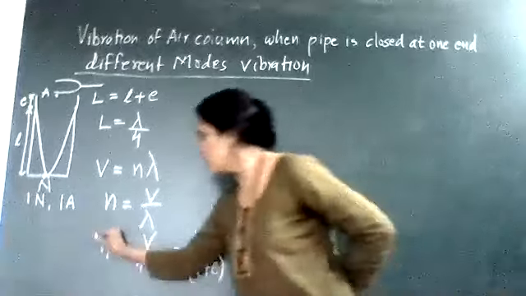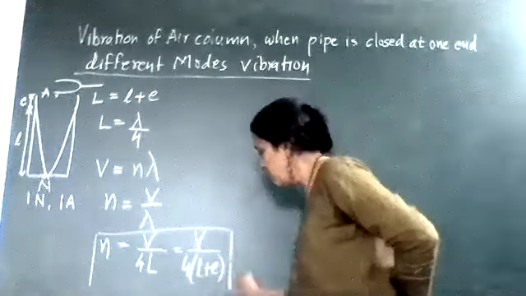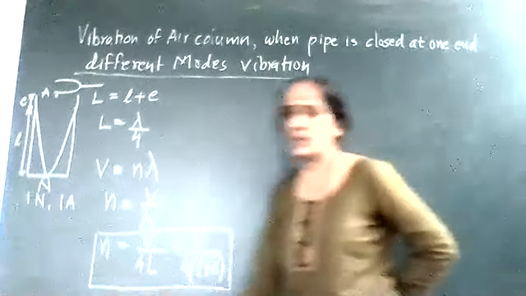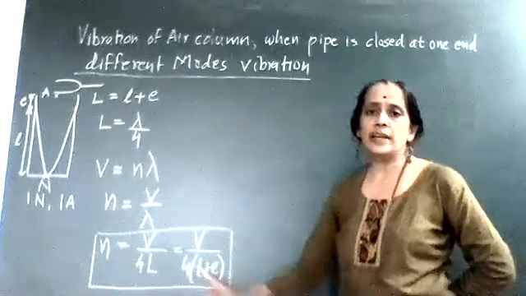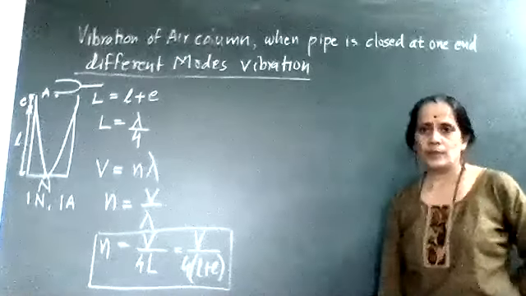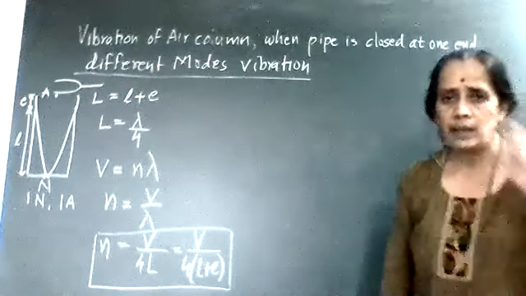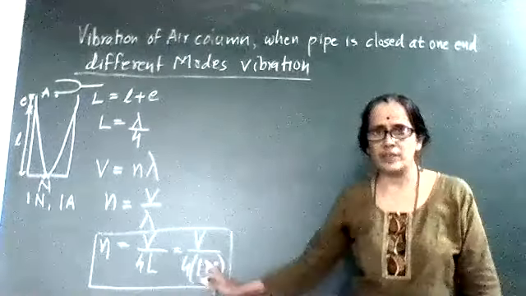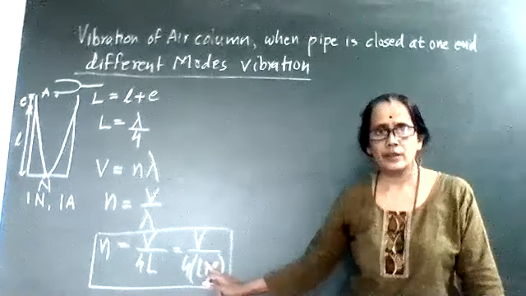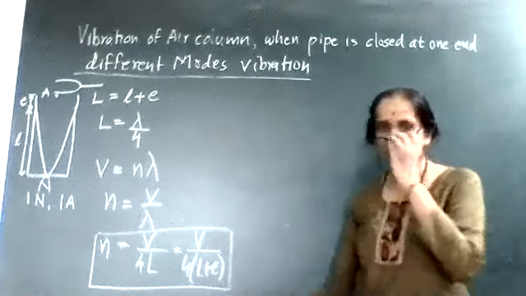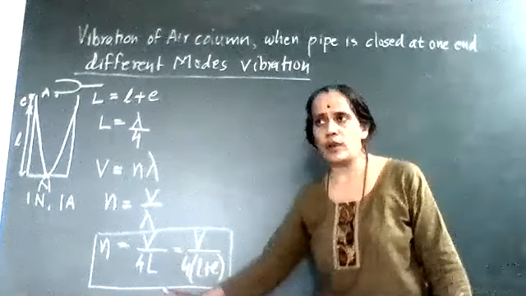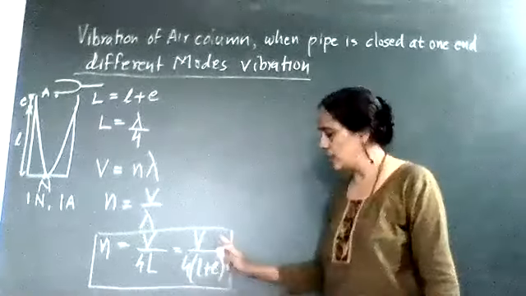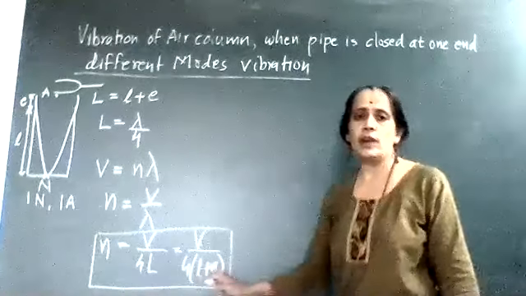So this is to be called as your fundamental frequency of an air column when the pipe is closed at one end. So here you are getting the fundamental frequency. Clear? So this fundamental frequency N is equal to V by 4L, or it is equal to V divided by 4 into (L plus small l).